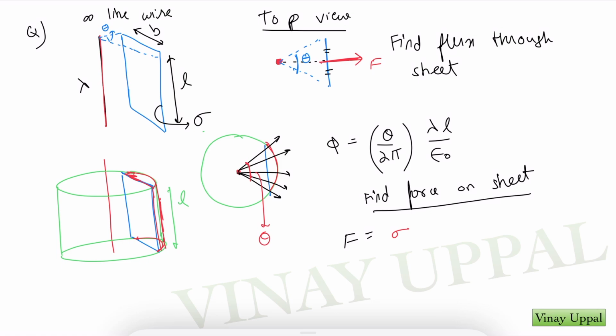So the flux through the sheet is going to be, that's it. So you don't even actually need this width. You see, it comes out to be independent of this width B. So I hope you've understood how we can solve such kinds of force questions very easily without any need for actual integration.